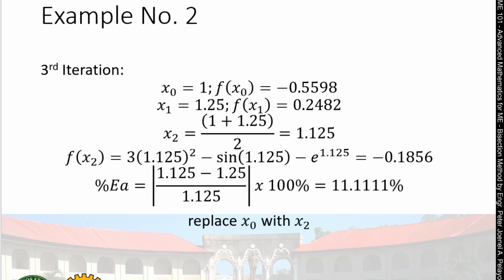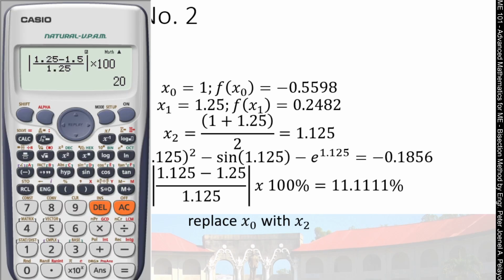x1 is 1.25. f of x0 is negative 0.5598. f of x1 is 0.2482. Kunin natin midpoint: 1 plus 1.25 over 2 is 1.125. Tama. And then, f of x2 is equal to, substitute natin yung 1.125. Ganun lang, magsa-substitute tayo.